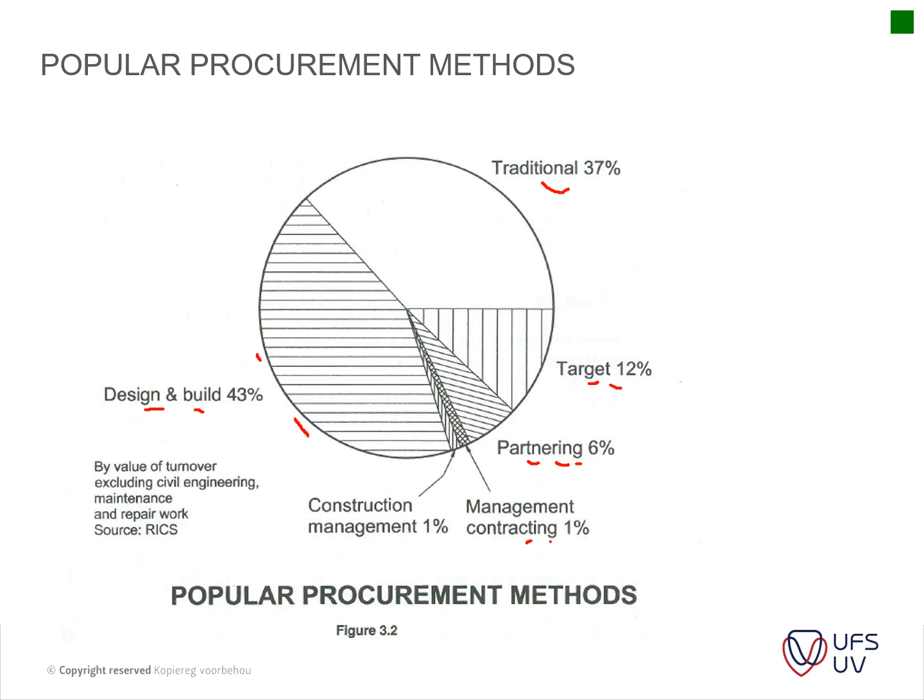And then you have construction management, where the focus falls a little bit more towards the contractor side, where the contractor is actually appointed, and then he appoints a design team that does the design on behalf of him. Also very similar to the design and build type of contracts. So this is just the overview of the procurement methods. We will mainly focus on the design and build type of procurement methods and the traditional methods of procurement.